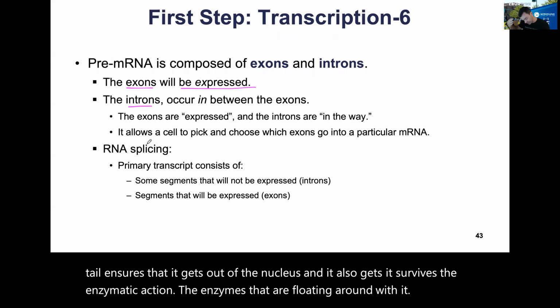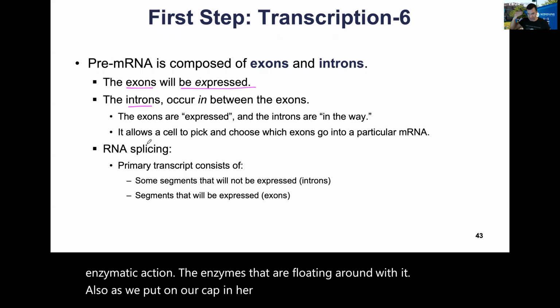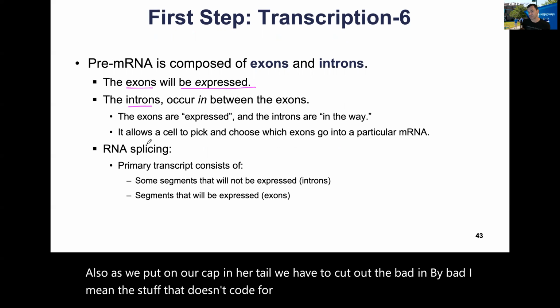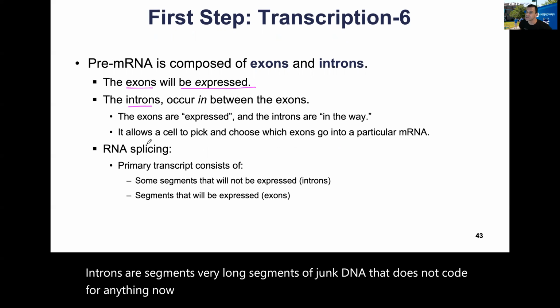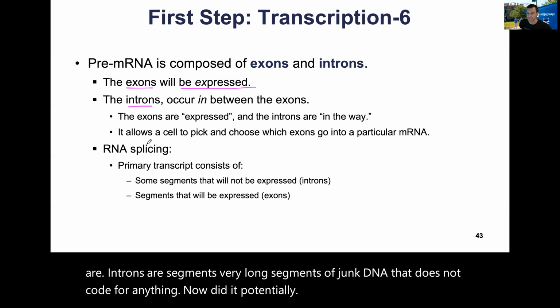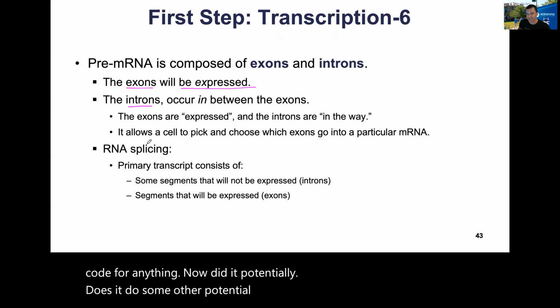Also, as we put on our cap and our tail, we have to cut out the bad. And by bad, I mean the stuff that doesn't code for anything, and that's what introns are. Introns are very long segments of junk DNA that do not code for anything now. Did it? Potentially. Does it do some other potential stuff? Yeah, and we'll hint at that in a second.